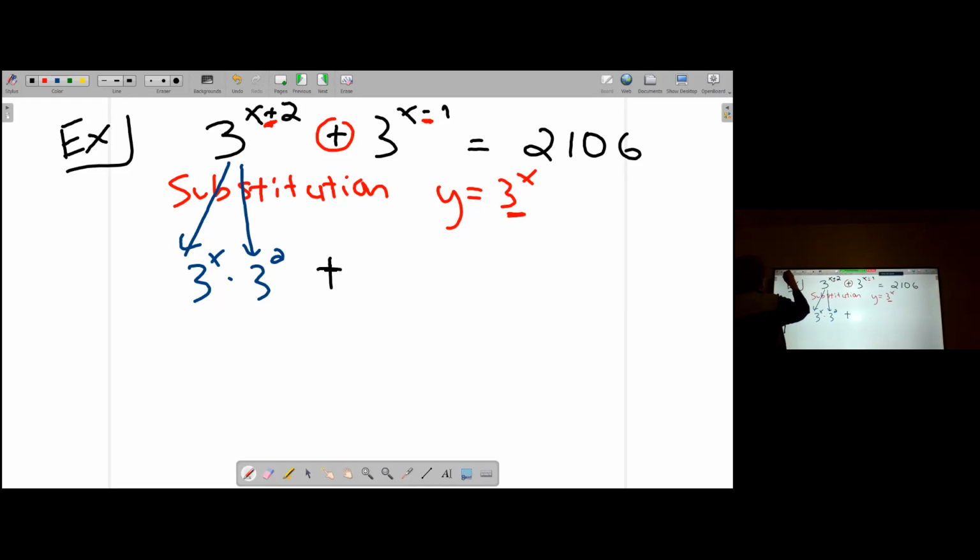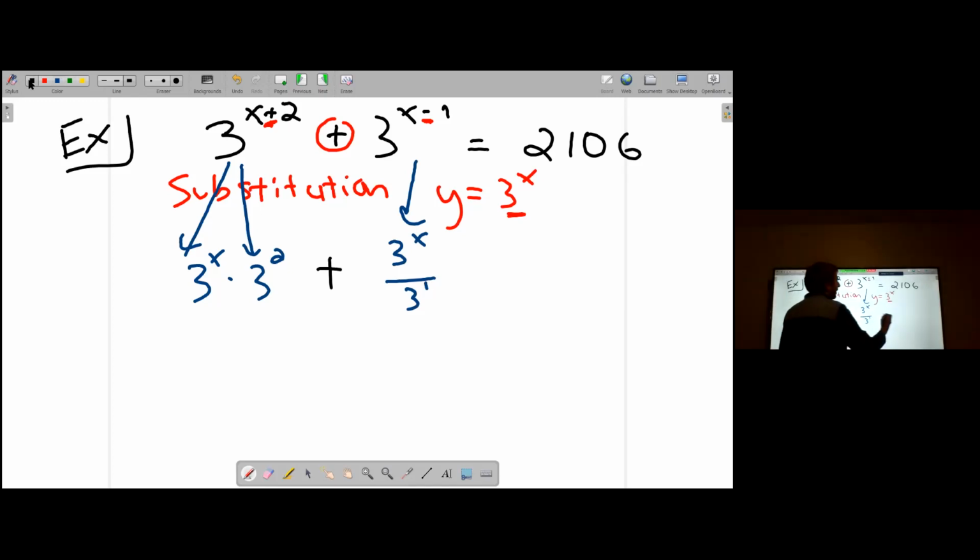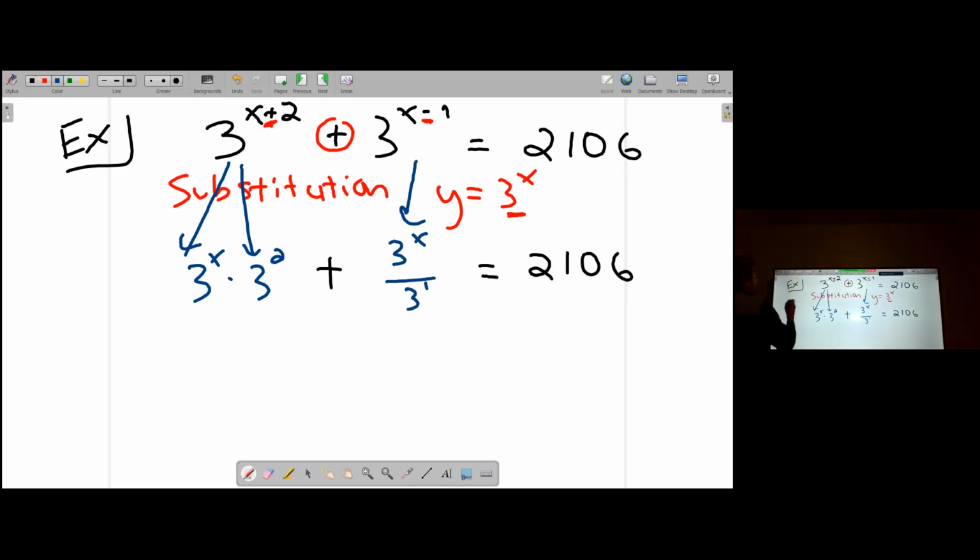This one is going to turn into 3 to the x divided by 3 to the 1. So the subtraction becomes division. Okay? So that was exponential rules.